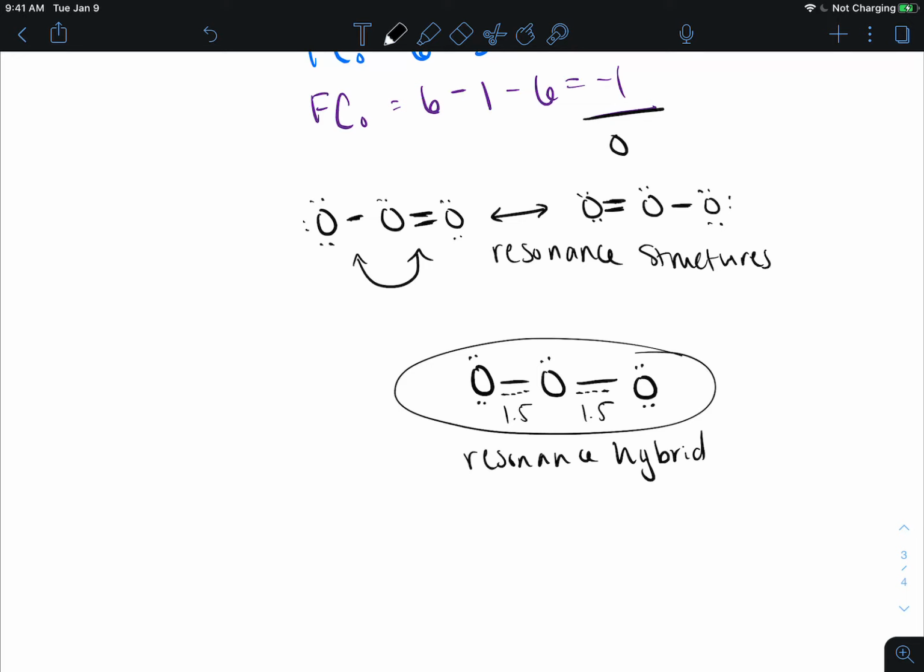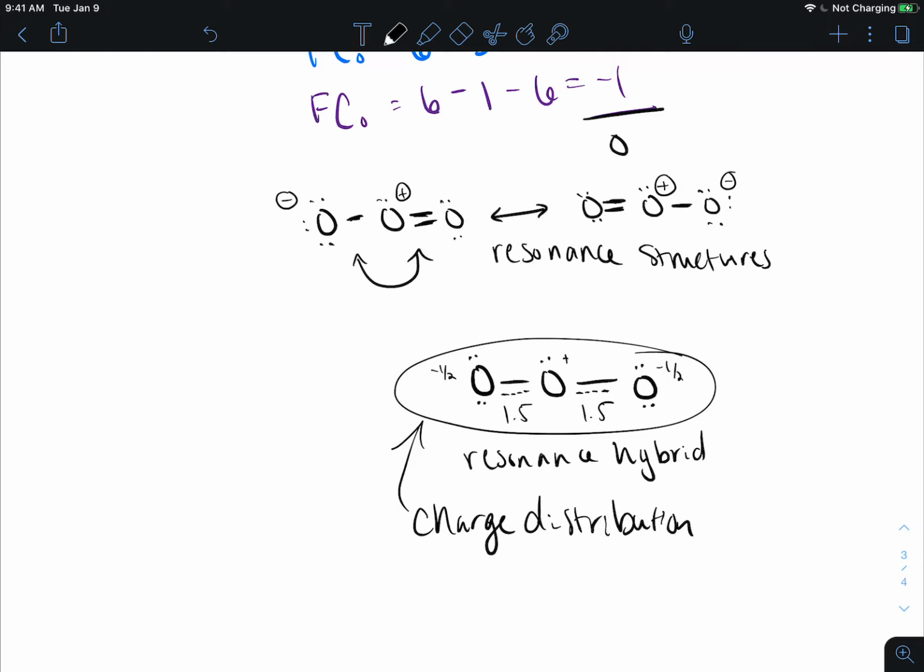And then with this one, we have a negative, positive, positive, negative. In our resonance hybrid, we have a negative 1/2, negative 1/2, and a positive. So we've distributed our charge more. So this is charge distribution, which is something we want to do.